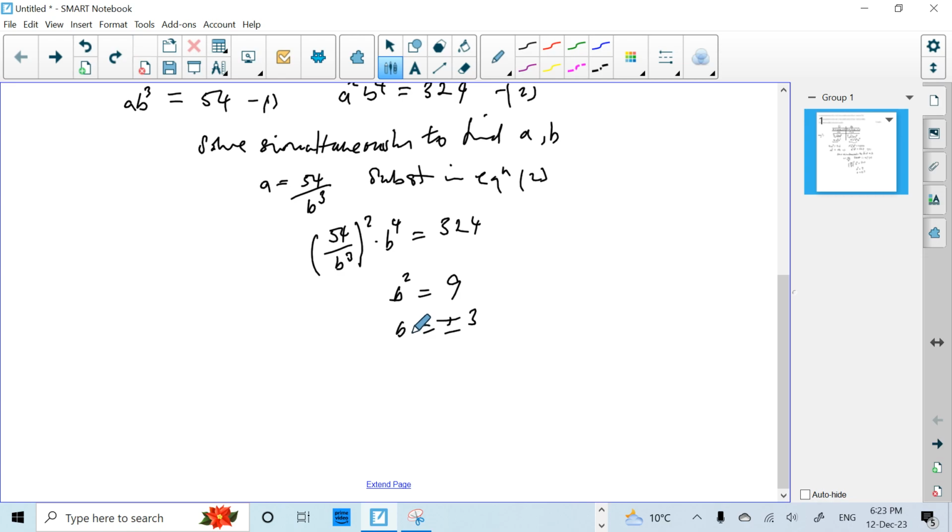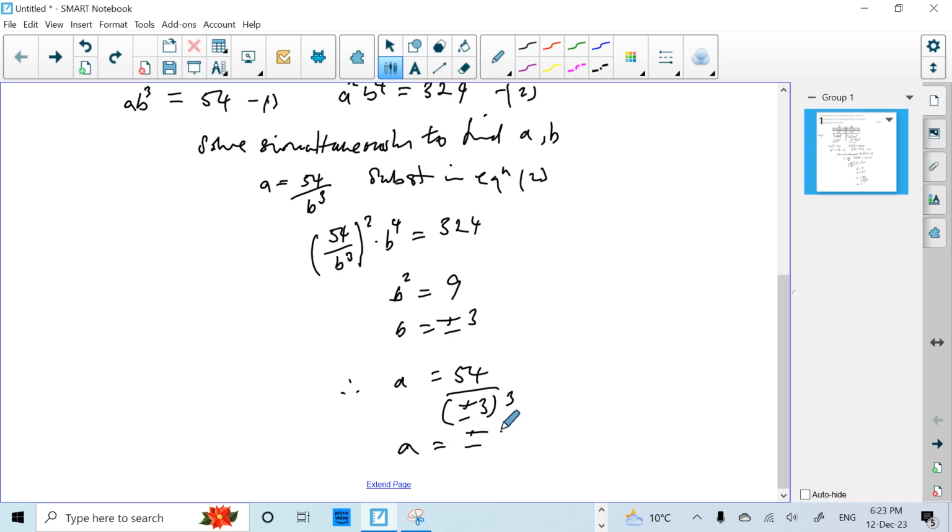And if a is equal to 54 over b cubed, a must therefore be equal to 54 over plus or minus 3 all cubed, and a will be equal to plus or minus 2.